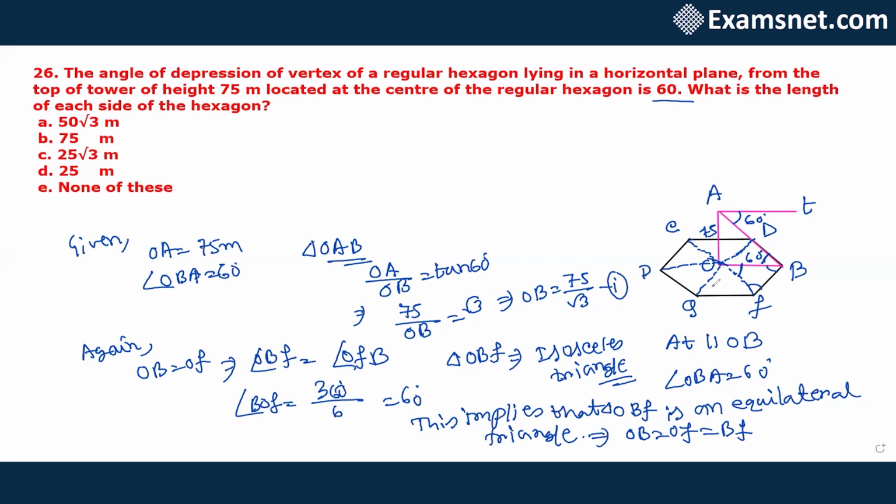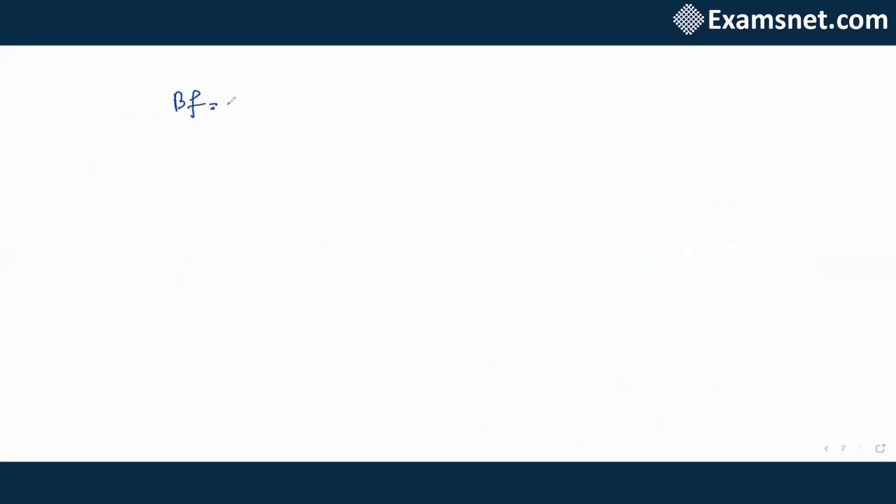We have already got the value for OB. That means we can write BF equals 75 by root 3. Now, since there is an irrational value in the denominator, we can rationalize it by multiplying root 3 with both numerator and denominator. The denominator becomes 3.